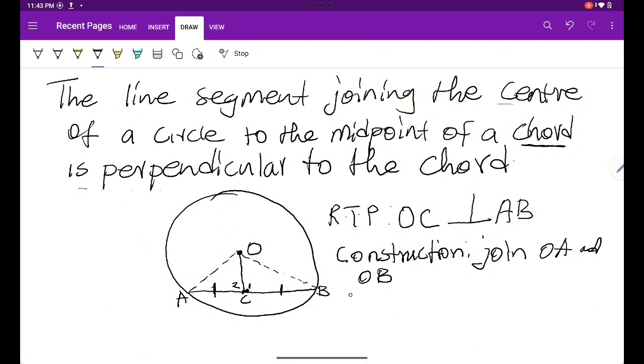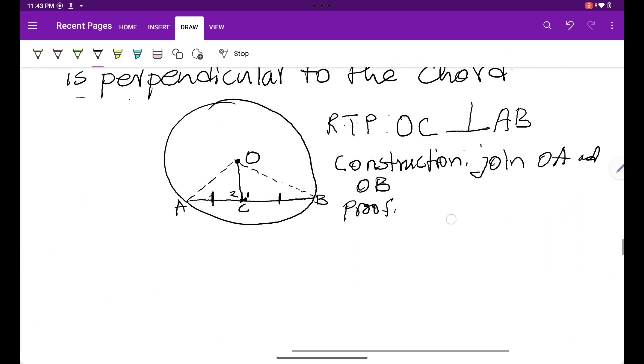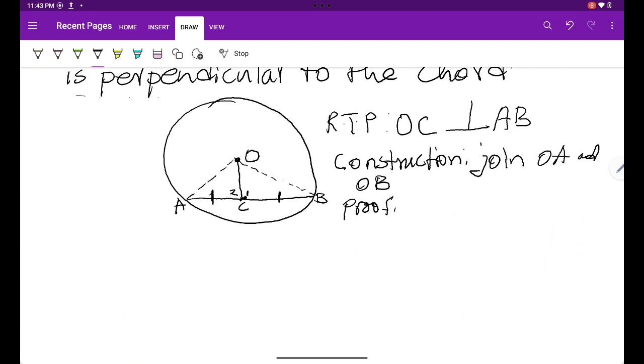So now we are going to prove. We are going to look at congruency between the two triangles. So let's indicate in triangle OAC and triangle OBC. We are looking at anything that is common in these two triangles.